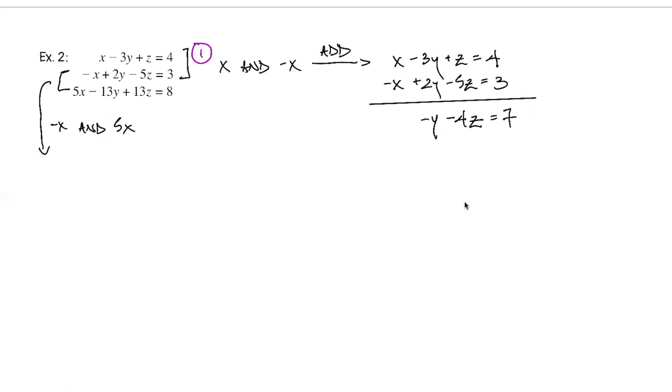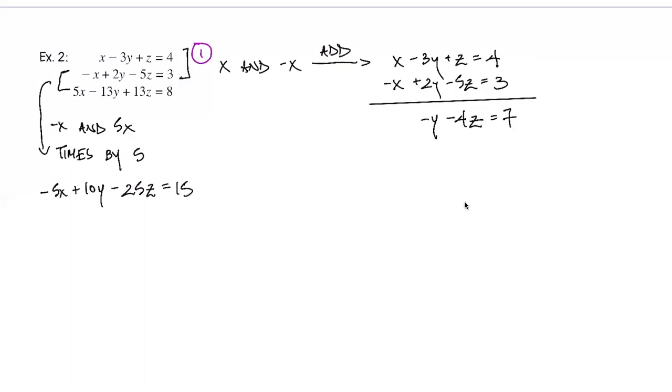Then I have a situation where the 5x and the -5x cancel out. So we're going to times by 5, and that will give us -5x plus 10y minus 25z equals 15.